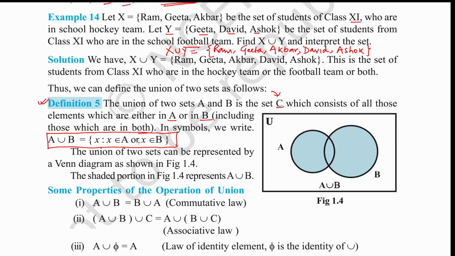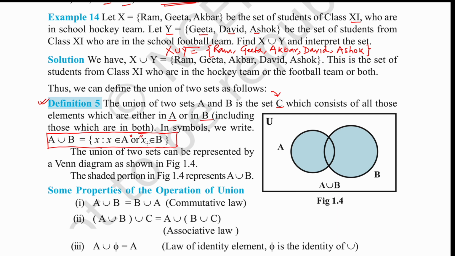Now this statement itself is very interesting, and this word is also very interesting: or. Whenever you write or, if you see this statement carefully, it is a combination of two statements. In one of the statements, you are saying x belongs to A. In another statement, you are saying x belongs to B. So there are two independent statements inside this compound statement, and they are connected with the word or.